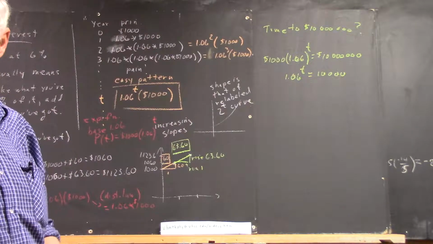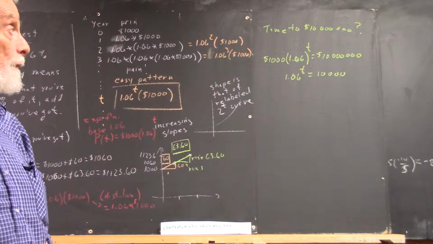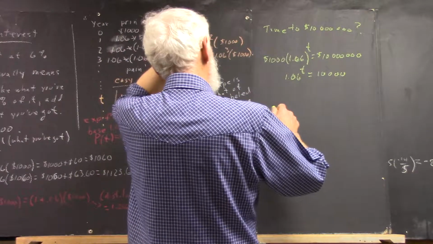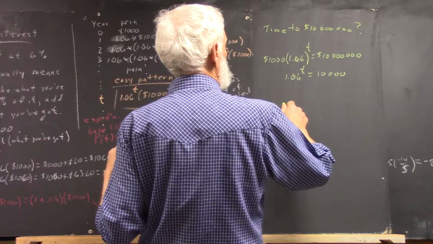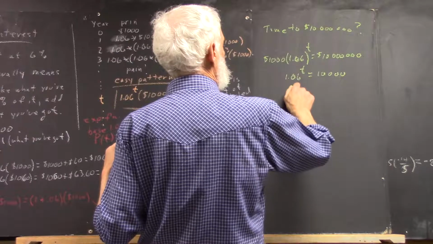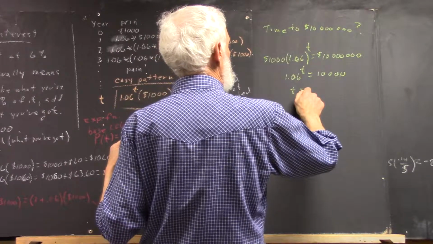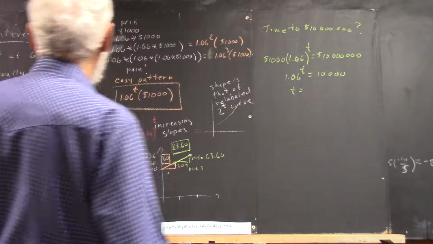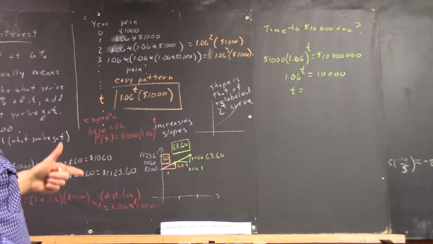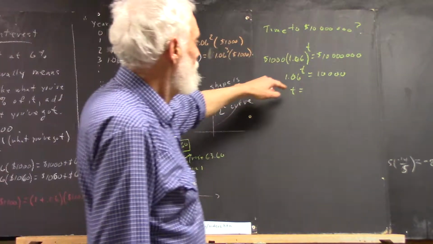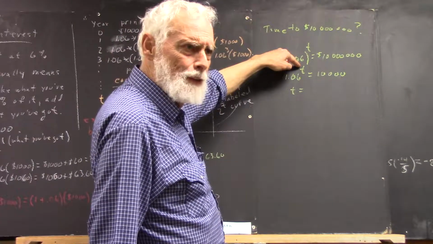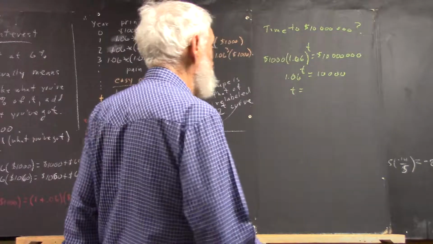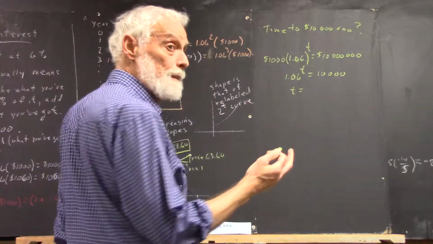Well, we convert this to logarithmic form. Using our rule, this is B to the A equals C, right? So T equals what?